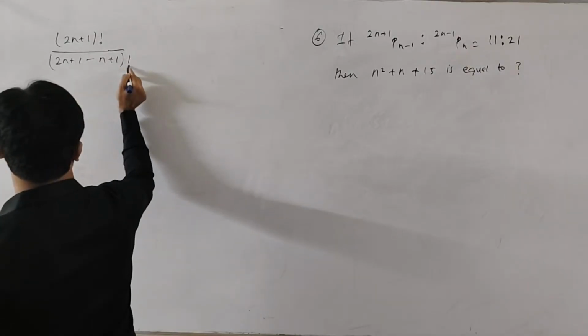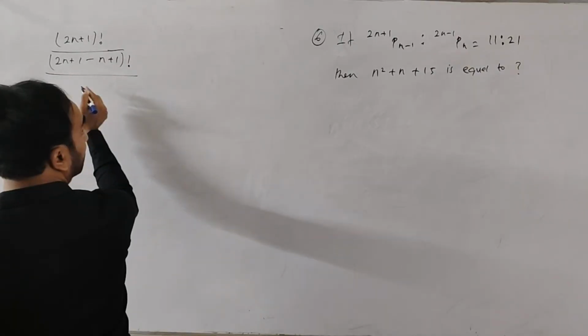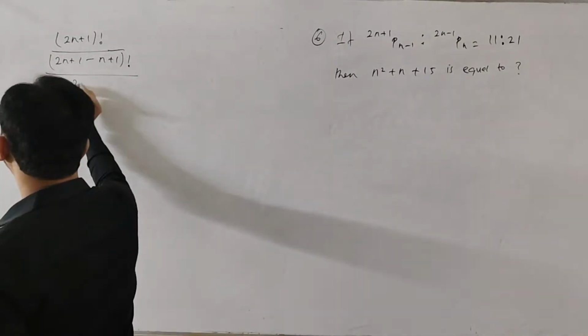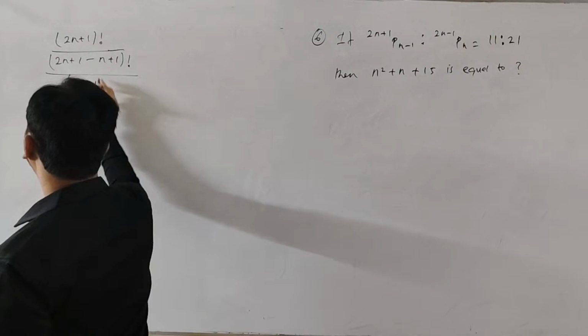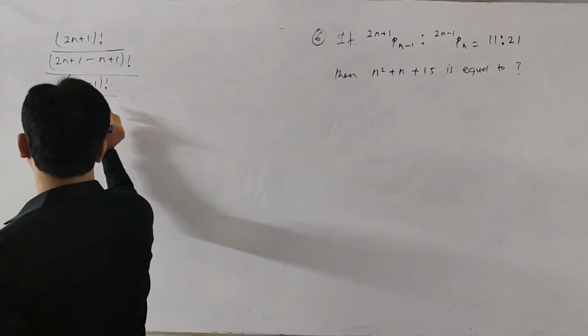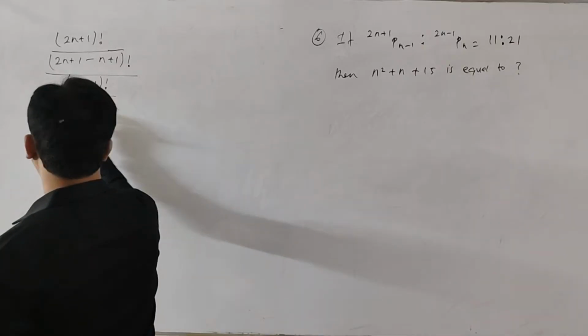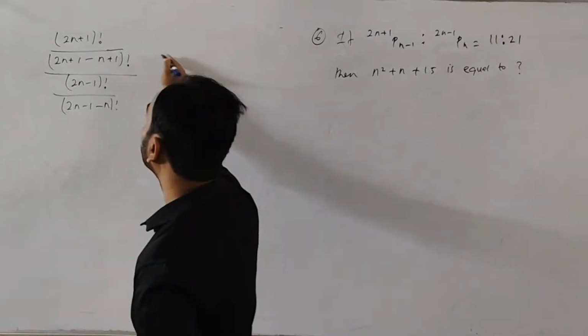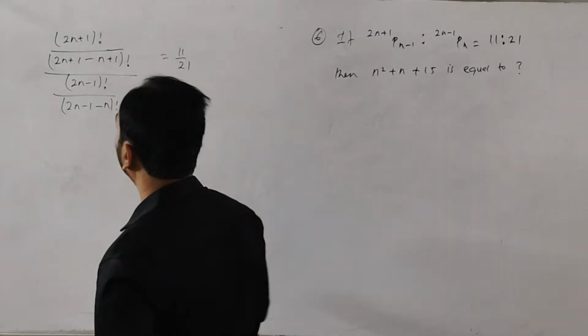Divided by the next one, which is (2n-1) factorial divided by (2n-1-n) factorial, correct? Now see, and that is equal to what is given? 11 upon 21.